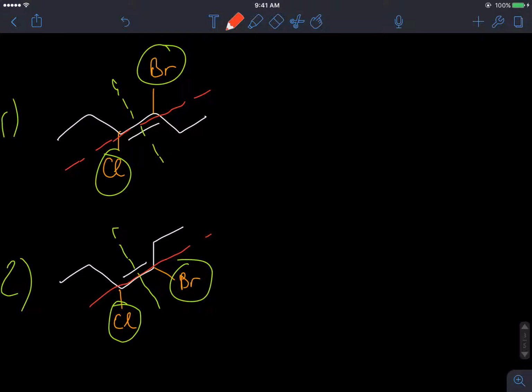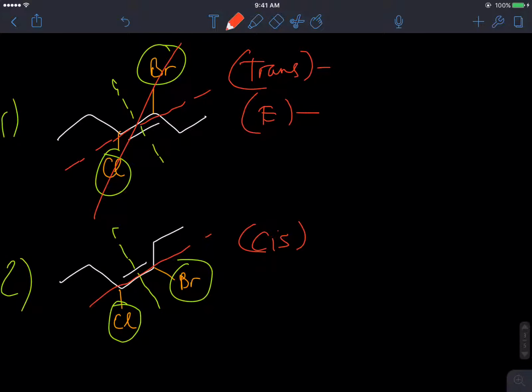For molecule number 1, they are across from each other, which means trans, or E. And right here, the same side means cis, or Z. What is the name for it?